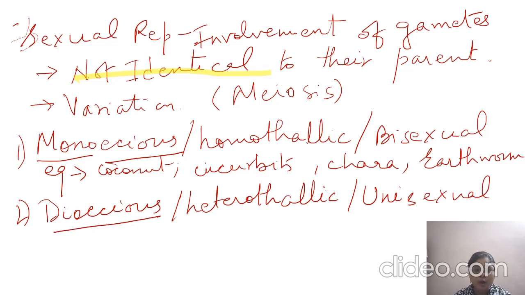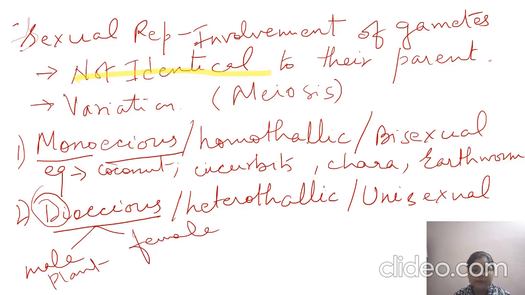Di means two houses, so you find a male plant and a female plant, separate plants, like male and female individuals. One of the best examples of heterothallic you can give is Marchantia.